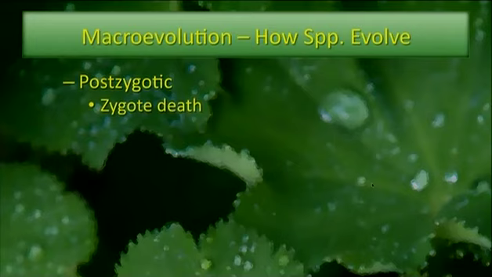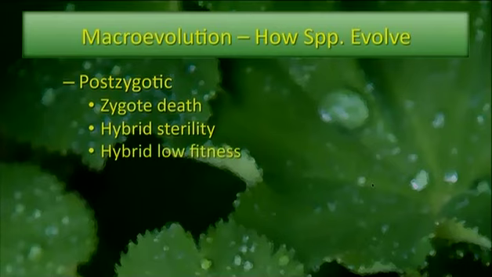hybridization include the death of the zygote, where the sperm and egg come together and fuse, but then the zygote dies. You can also have hybrid sterility, when the hybrid plant is sterile: it'll germinate from seed, grow, and bloom, but then it won't make more seed or fruits itself.